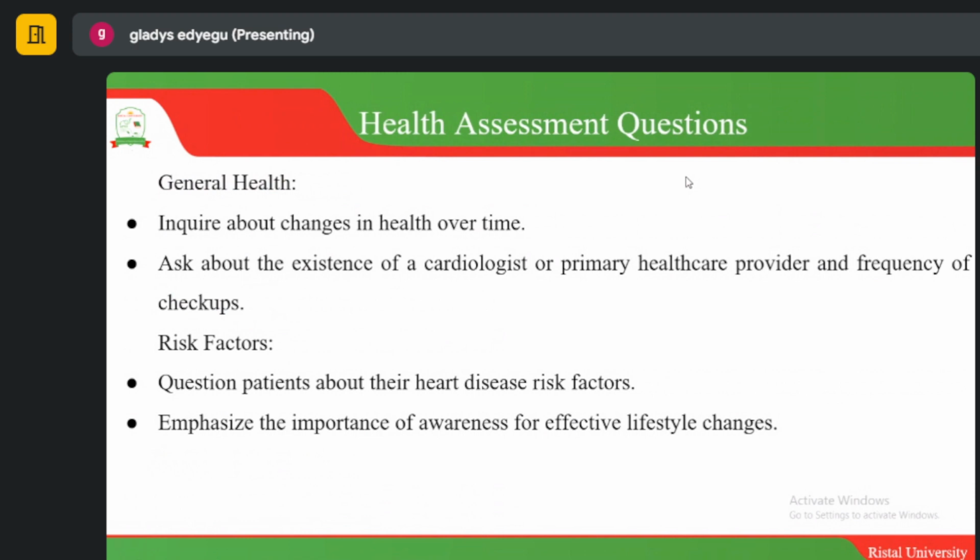There should be some specific questions that are very relevant to the condition that your patient is presenting. So the general health questions that you may ask: you have to inquire about the changes in health over time. How have you been feeling? Is there anything that you're feeling different from before?